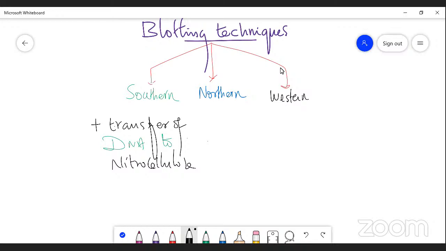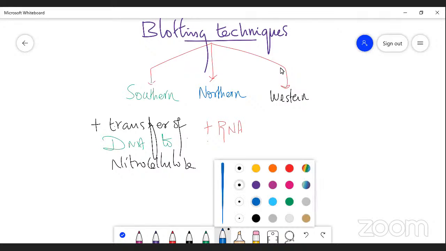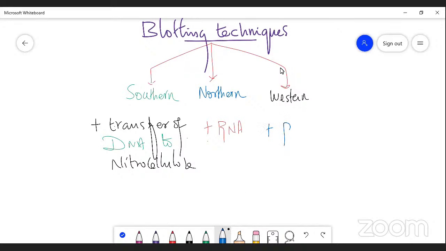Whereas the northern method means the transfer of RNA simply, instead of DNA, transfer of RNA from gel to nitrocellulose membrane. Whereas the western method is nothing but a transfer of a particular protein, from electrophoresis to nitrocellulose membrane. So that is called the western method.